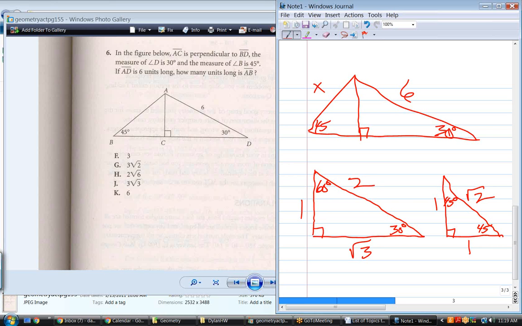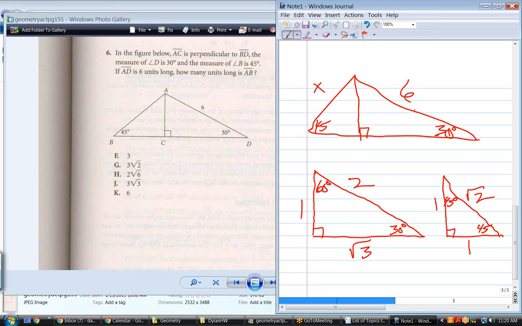For this problem, here's the big, here's the little. Just give me a number. In other words, we have the measurement of two corresponding sides, and that's all you need for the similarity ratio. This hypotenuse is 6. This hypotenuse is 2.